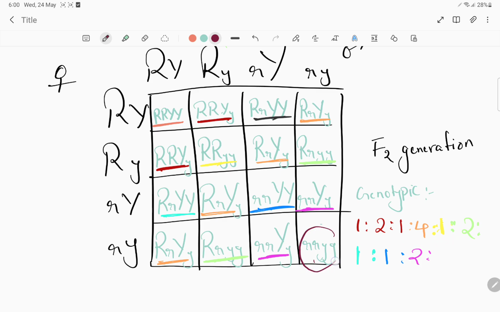And finally this one, this is the special 1. So this is the genotypic ratio.